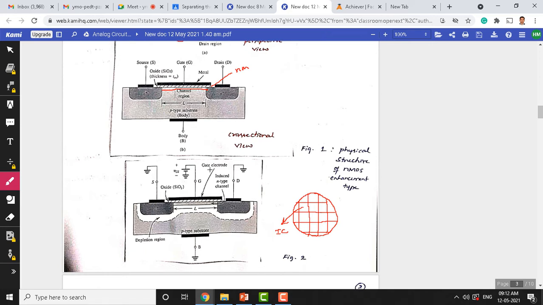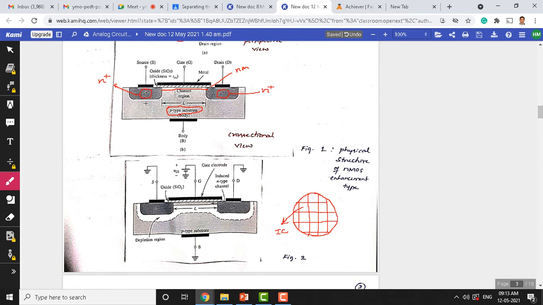So, as you can see, this region is N plus, this is N plus region. There is another N plus region which is here, as you can see I am highlighting here. This is another N plus region, and look at the type of substrate here. The substrate is of P type here, which we are calling just the body. Now this forms a PN junction, right?